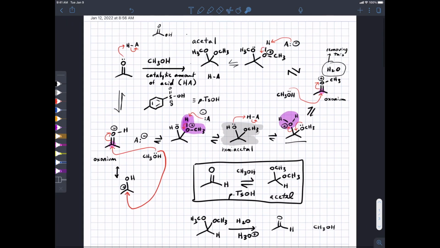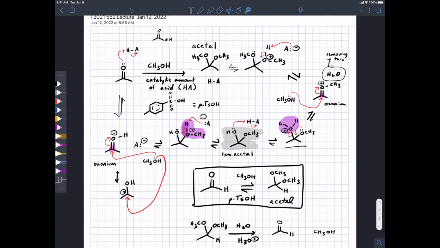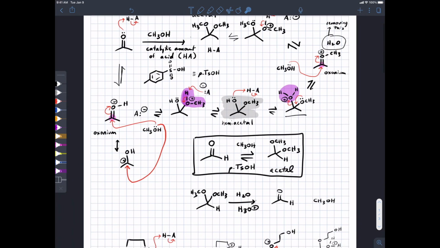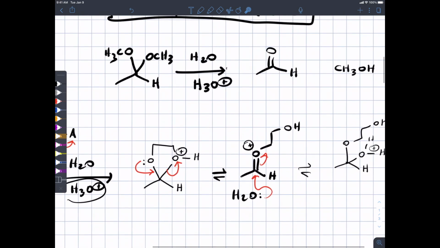Similarly, if I look at the intermediate that precedes this one, now it looks like one of my alcohols is no longer attached to the carbonyl carbon, and I should have a positively charged oxonium ion. In this case, that would look like this, where one of my acetal oxygens has left as the neutral ORH group, and then I have this oxonium ion, and so on.